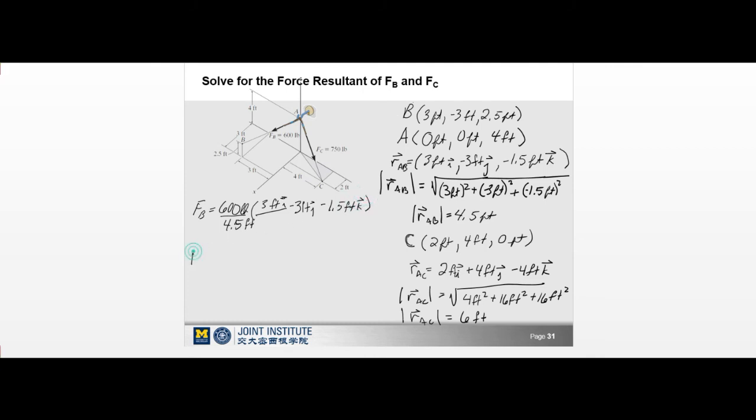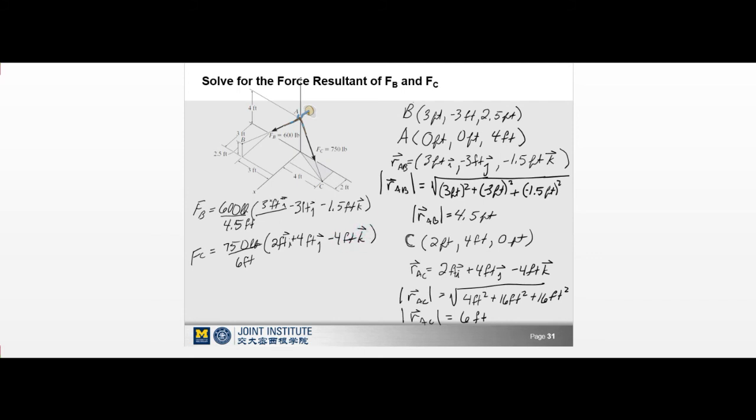And then we have FC, which is equal to 750 pounds. We'll divide here by 6 feet. And then you have the RAC, 2 feet in the I, plus 4 feet in the J, minus 4 feet in the K, right?